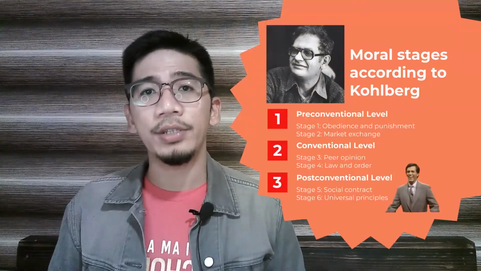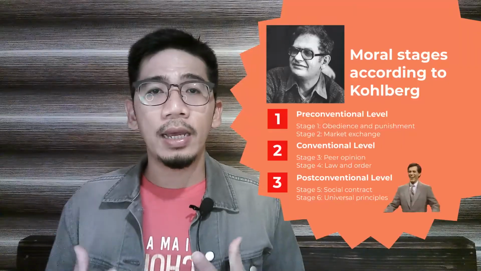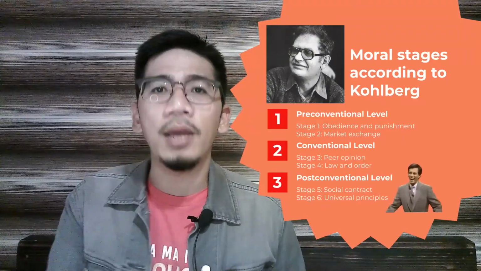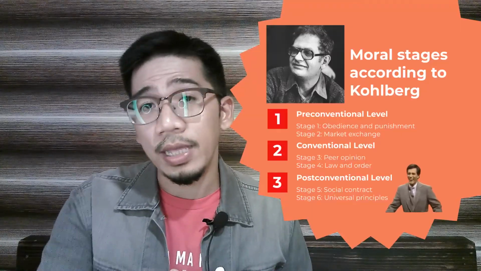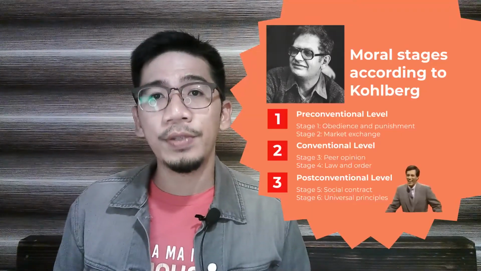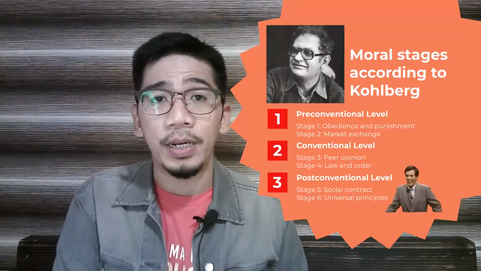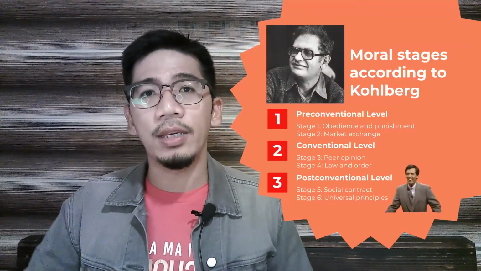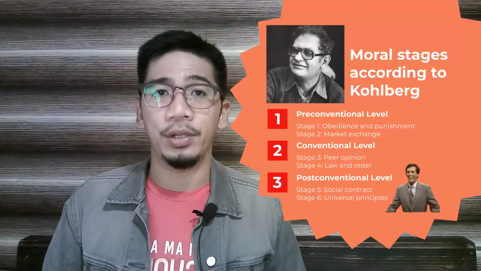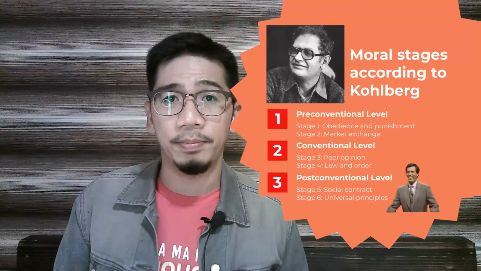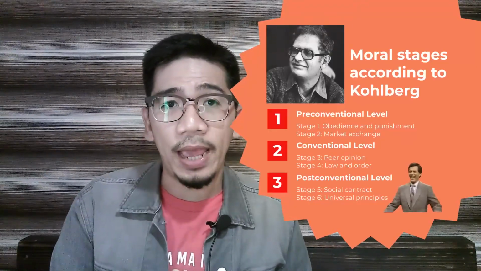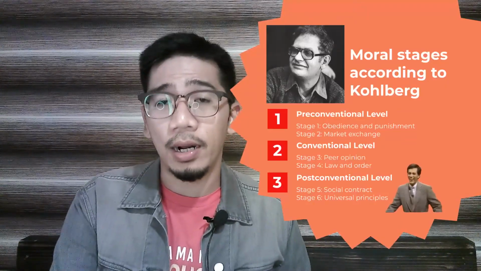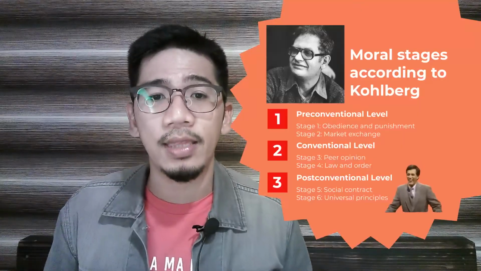The realization that ethical means can sometimes serve unethical ends leads some individuals towards stage 6, the ethics of self-chosen universal principles. At this final stage, the morally good action is based on personally held principles that apply both to the person's immediate life as well as to the larger community and society.